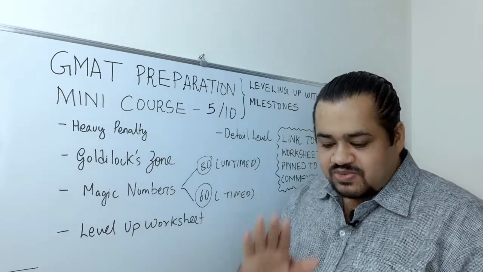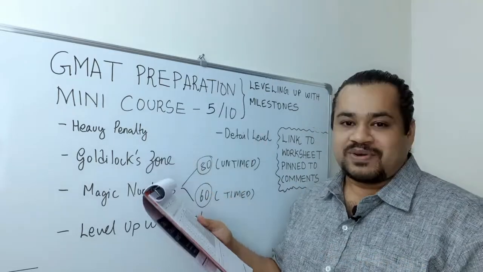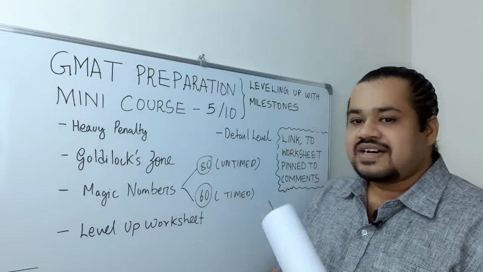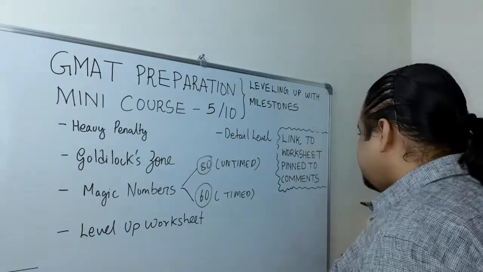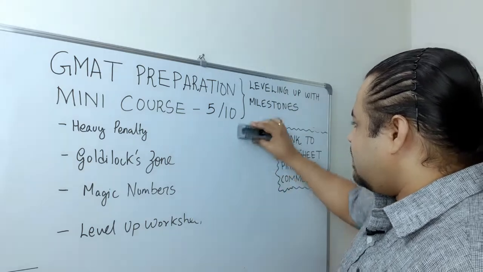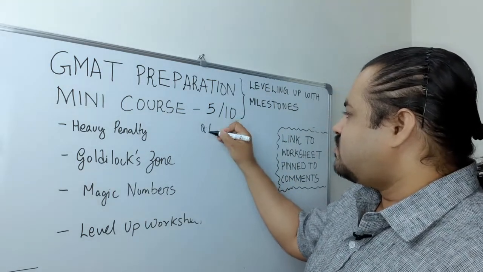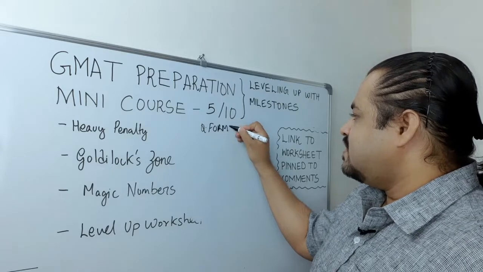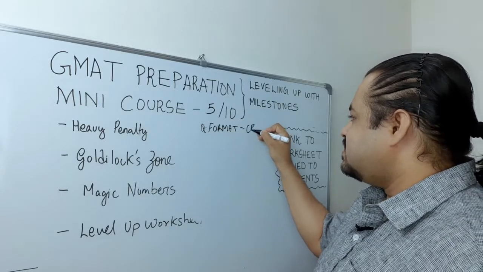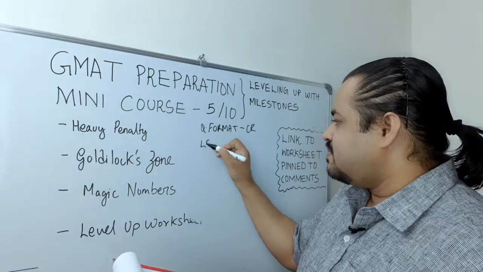Okay. So what is this worksheet and this leveling up all about? Consider the easy level of difficulty. Let's say the question format is critical reasoning, and where you begin, level 1.